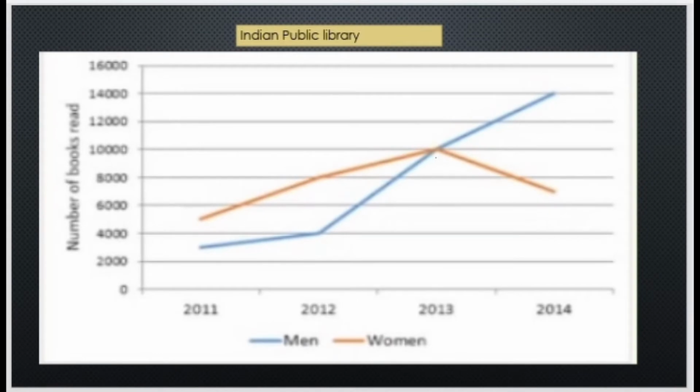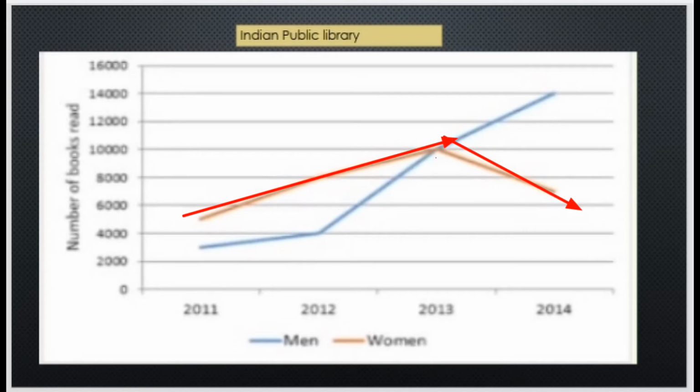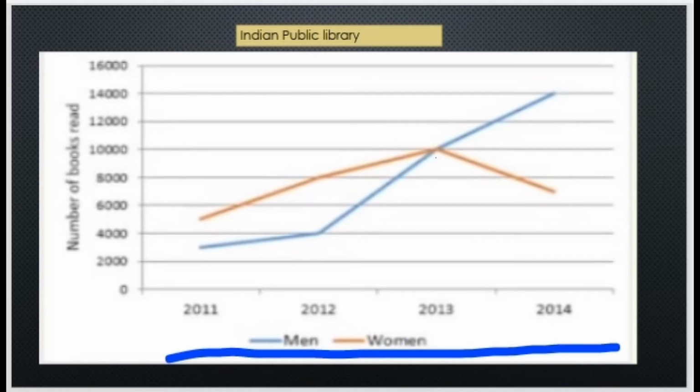So children, here this blue line represents men readers and the red line represents women readers. This is the x-axis, which represents the years 2011, 2012, 13, 14.